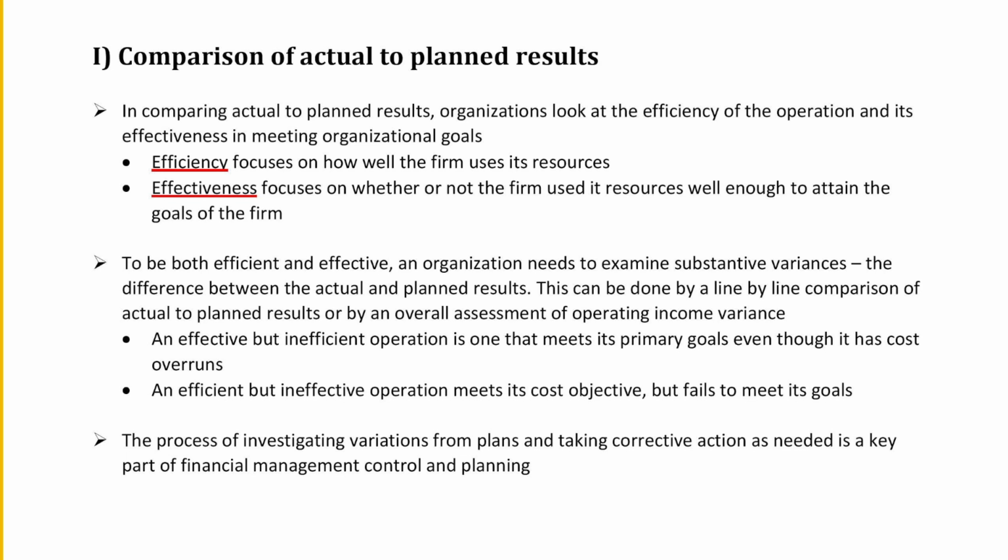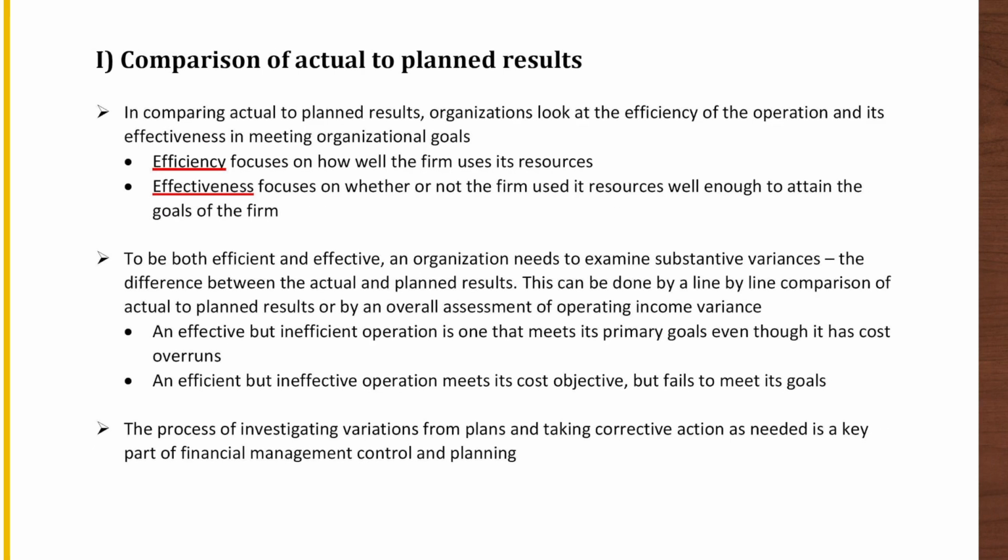An effective but inefficient operation is one that meets its primary goals even though it has cost overruns, versus an efficient but ineffective operation that meets its cost objective but fails to meet its goals. The process of investigating variations from plans and taking corrective action as needed is a key part of financial management control and planning.